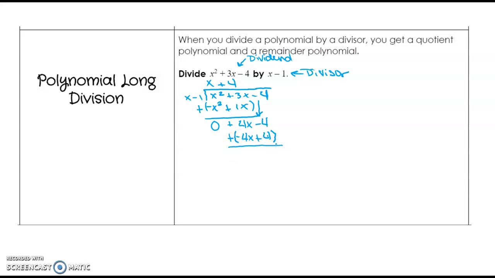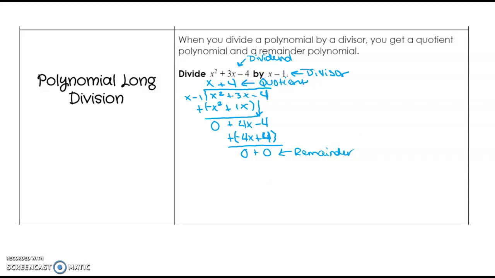Now I have 4x plus negative 4x, which gives me 0, and then negative 4 plus 4, which gives me plus 0. So I don't have a remainder. My remainder is 0, and my quotient is x plus 4.